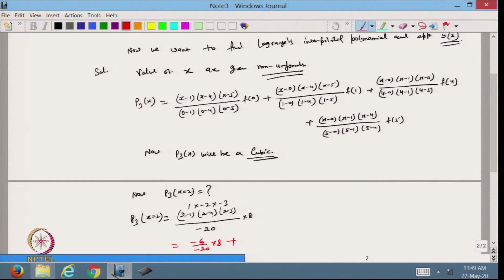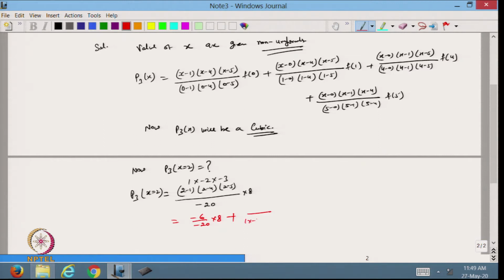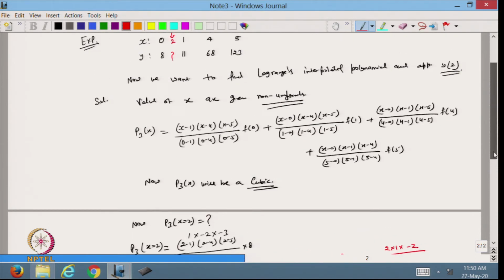From here I get 1 into minus 3 into minus 4 in the denominator, and putting x as 2, it will be 2 into minus 2 into minus 3, and f1 is 11, into 11, plus 4 into 3 into minus 1 with 2 into 1 into minus 3, and the value at 4 is 68, plus 2 into 1 into minus 2 with 5 into 4 into 1, and the value is 123.